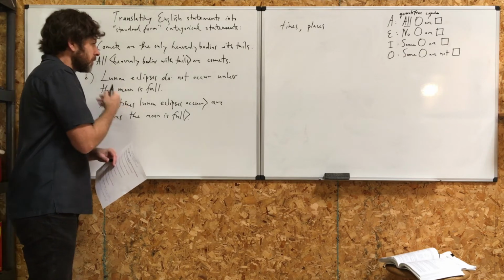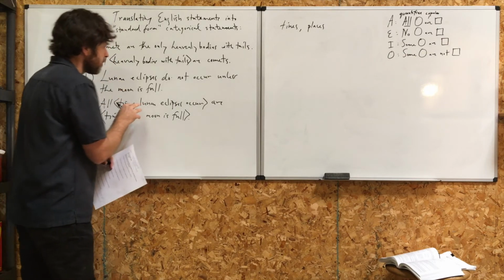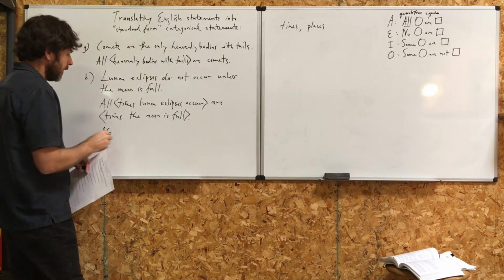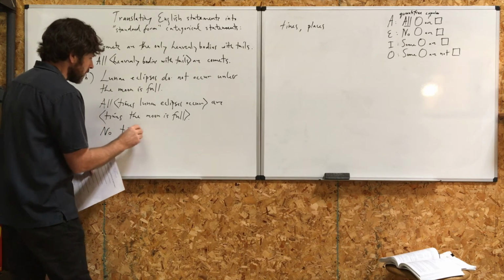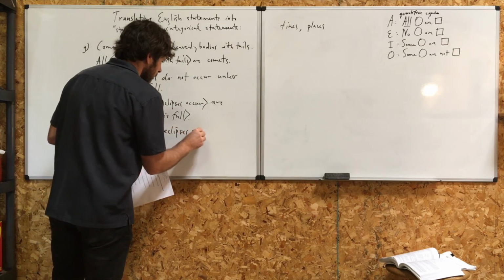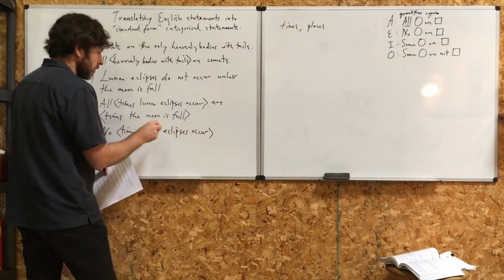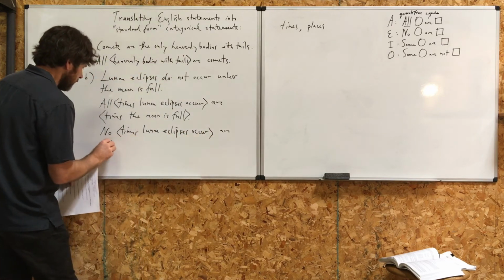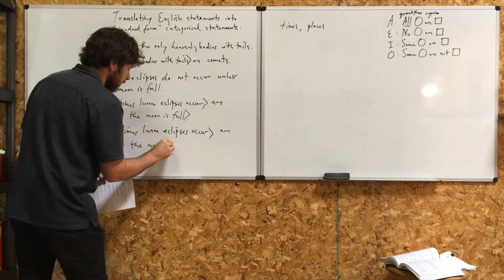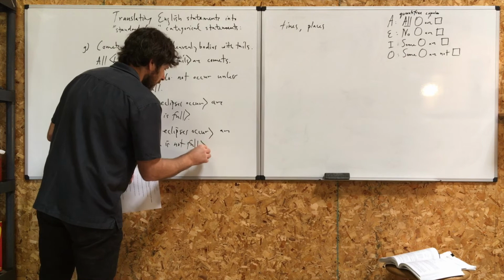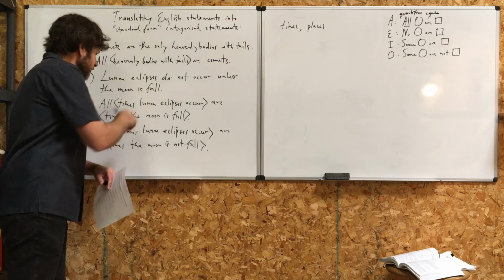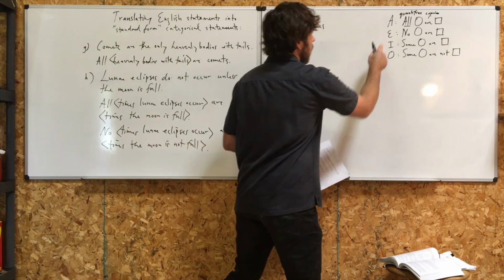Another reason I brought this one in is because it might be tempting to translate this as a no statement. Okay? So you might do something like this. No times lunar eclipses occur are times the moon is not full. Now, technically, I guess you could say that works. It captures the meaning of the original sentence, and it's in one of these standard forms.